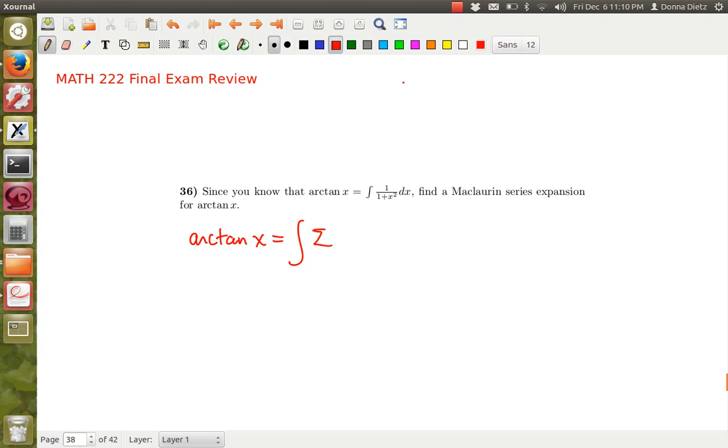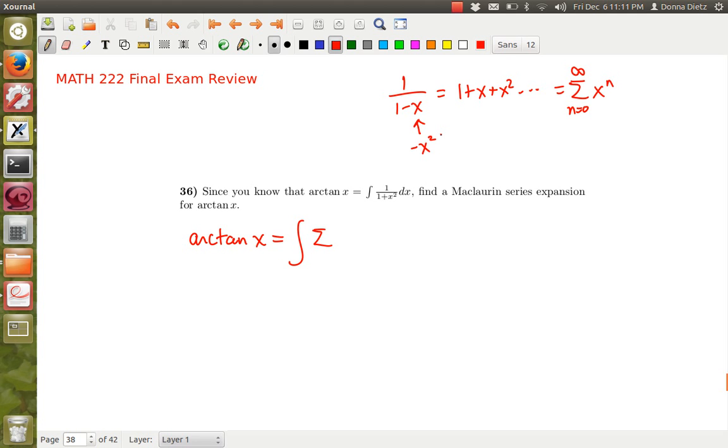Well, recall we have 1 over 1 minus x is 1 plus x plus x squared, which is the sum. This is what it is, okay? But we don't have minus x. So what we do is replace x with a minus x squared, right?